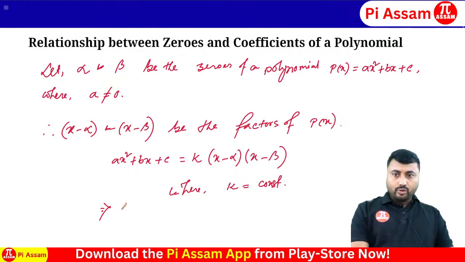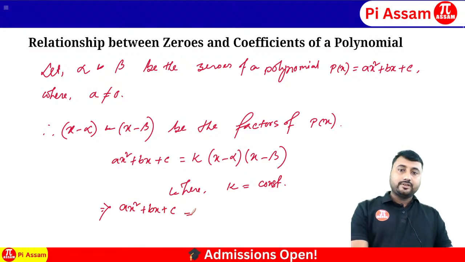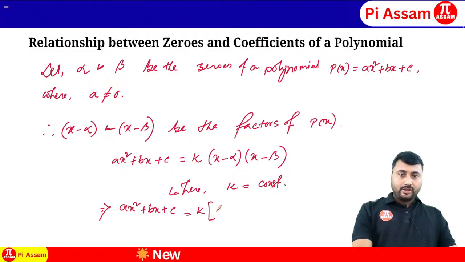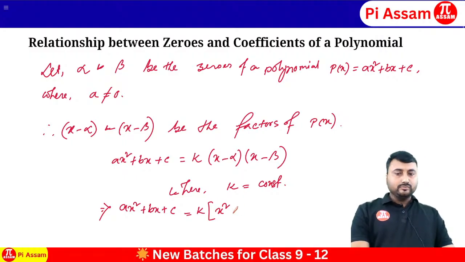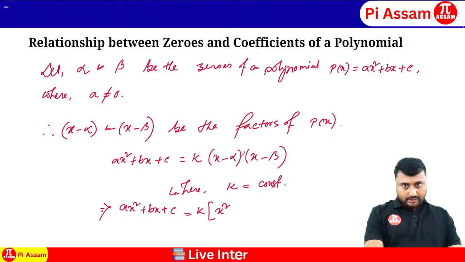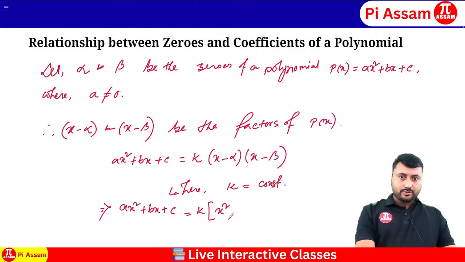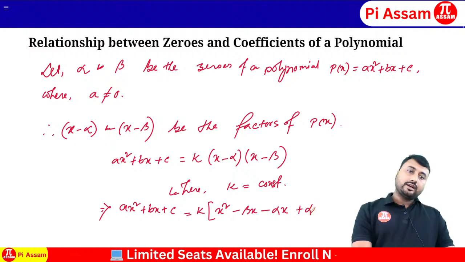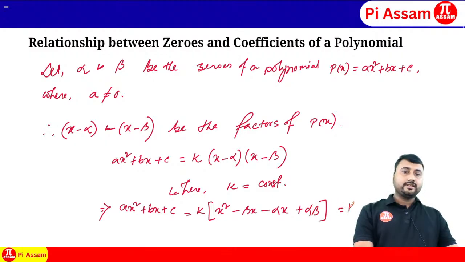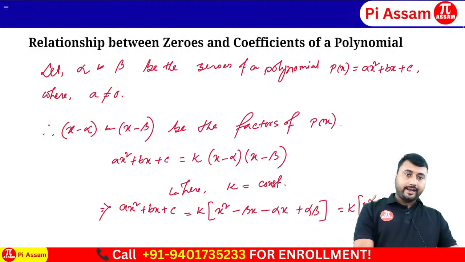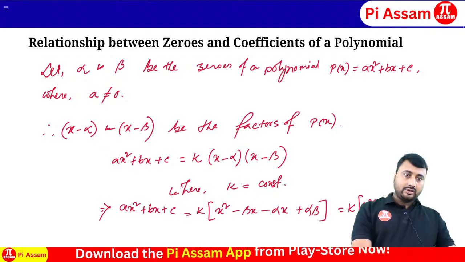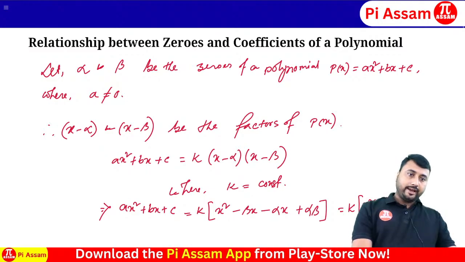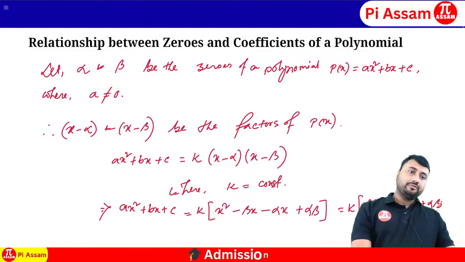So we can write here ax squared plus bx plus c is equal to k into (x squared minus beta x, next minus alpha x, plus alpha into beta), which is equal to k into (x squared minus (alpha plus beta) into x plus alpha into beta).